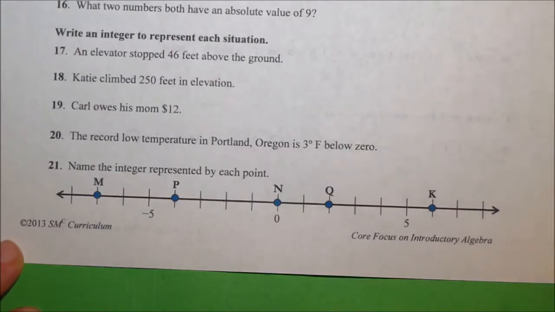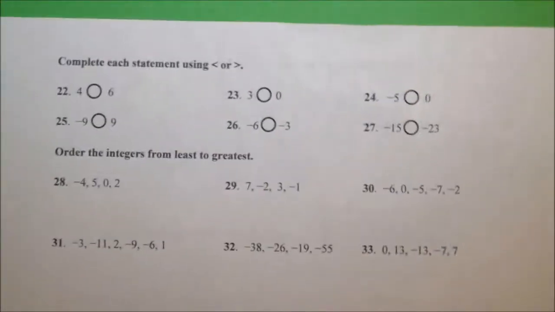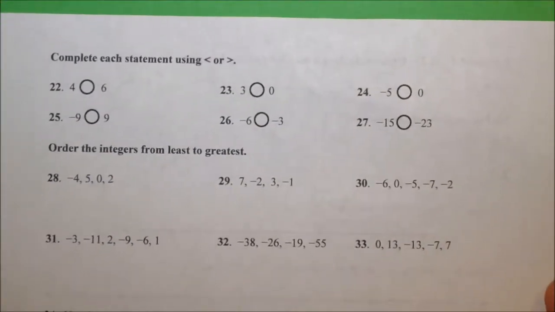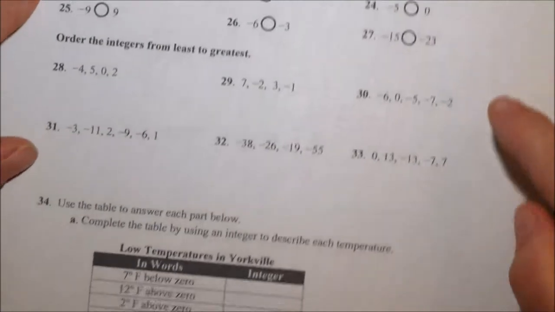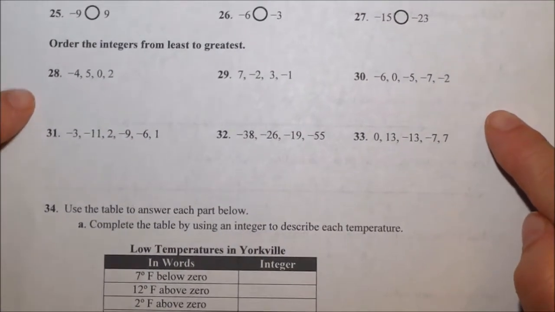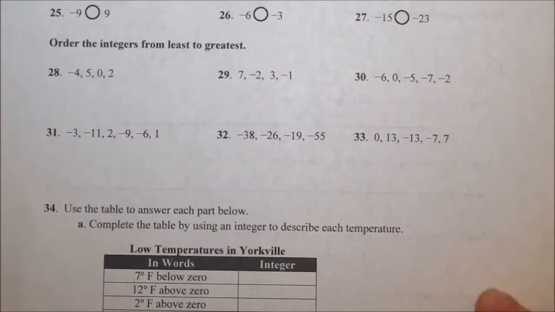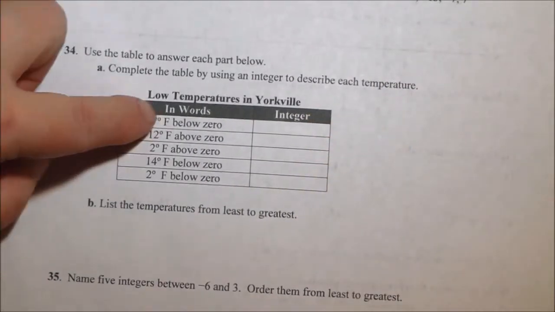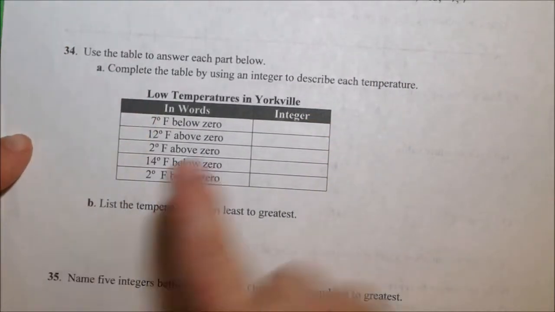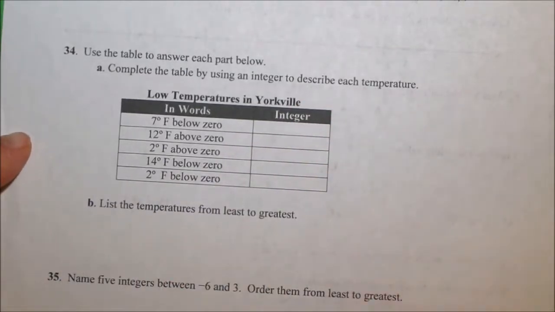So you've got to figure out the rest. All right, then on the other side, it starts out with some simple compare with a less than or equal to sign. And these are the ones where you're putting them in order from least to greatest. Okay, this is a table where first you're going to write the integer that represents these numbers, and then you'll put these numbers all in order from least to greatest.